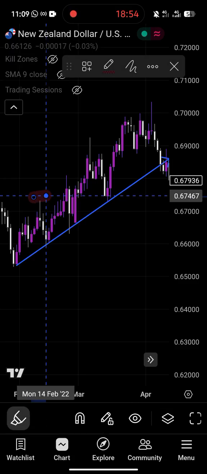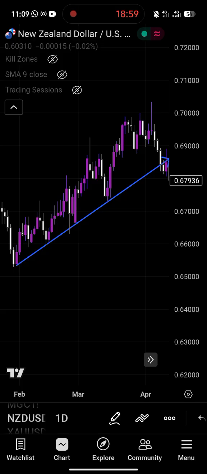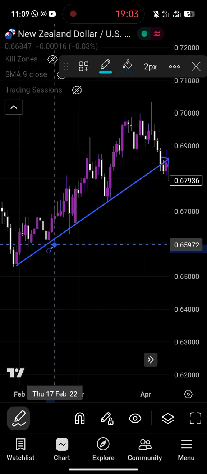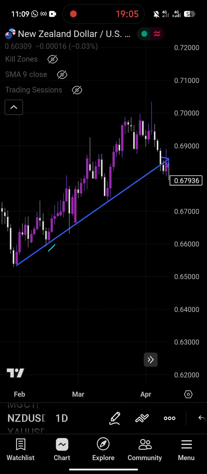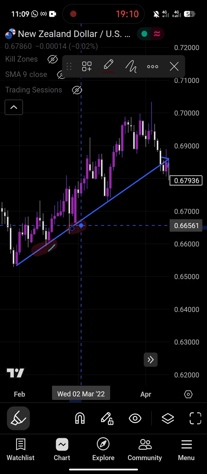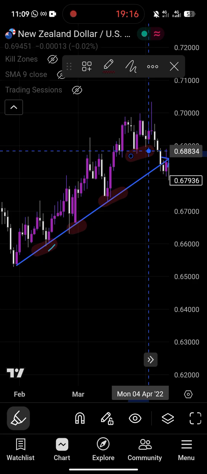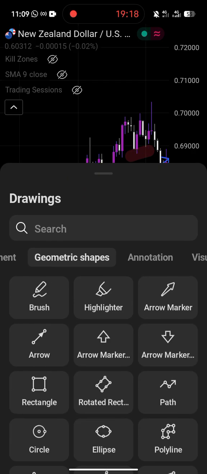Let's mark out our lows because the highlighter is already red. This, this, this, and this. Okay, let's mark out our highs.